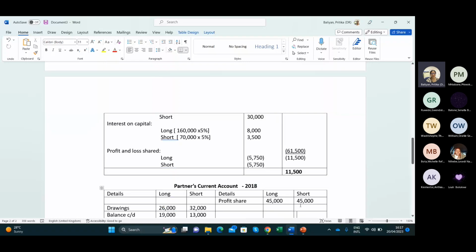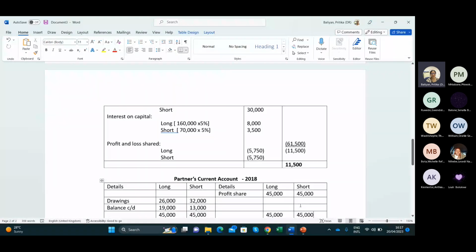So we are done with the partner appropriation account. Then the current account. How do we make the current account?